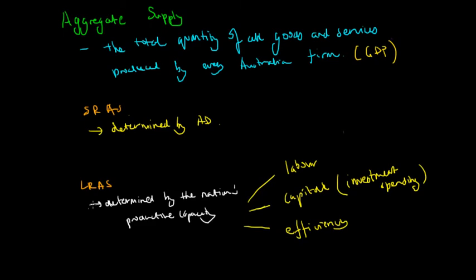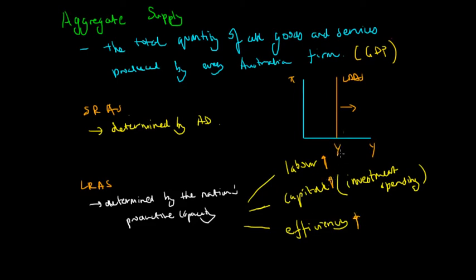And so the long run aggregate supply curve can only shift to the left or to the right if there are changes in these. So you have the long run aggregate supply, you have Y, and you have the price. So this can only shift to the right if labor increases, if capital increases, or efficiency increases.